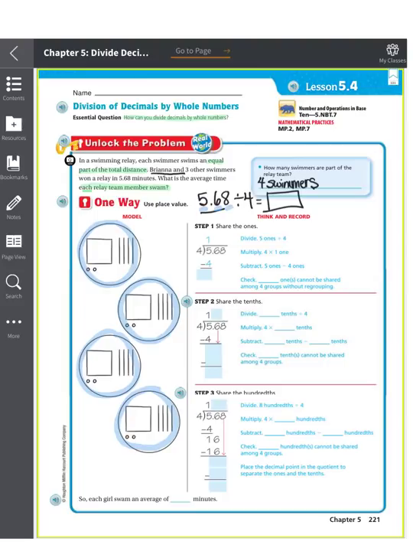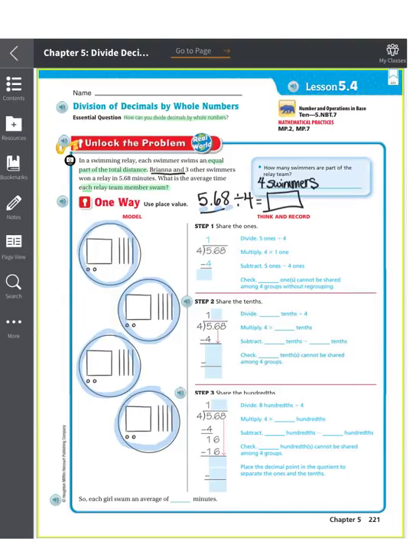The other way you can do it is to write it out this way, where you're putting the number that you're dividing into this little house, with the divisor 4 outside, to get your quotient, which would be your answer up here.